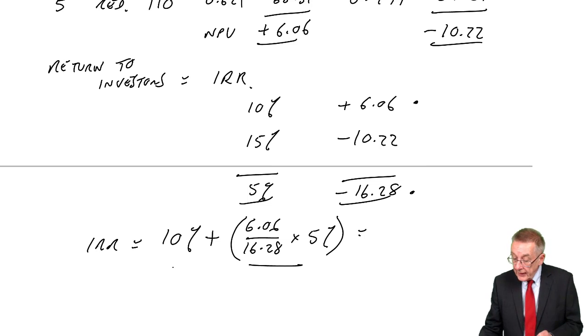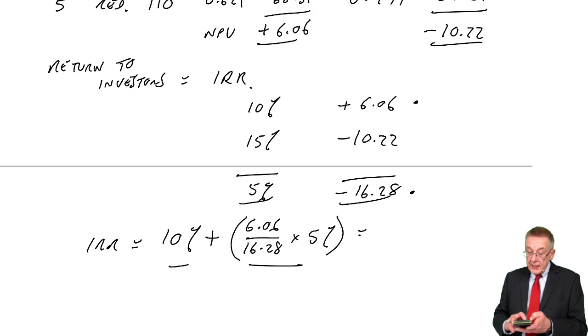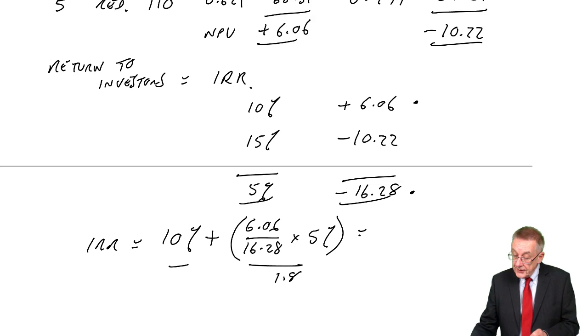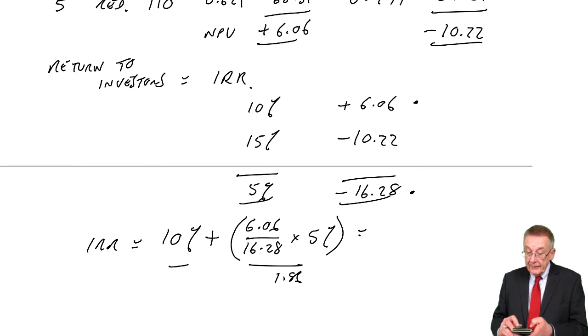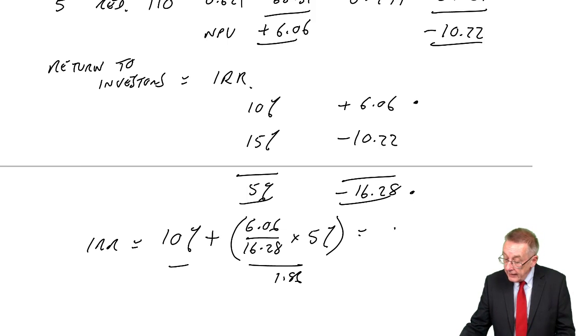I'll do this first and then add 10. So 6.06 divided by 16.28 times 5. That comes to 1.86. Add on 10, I get 11.86%.